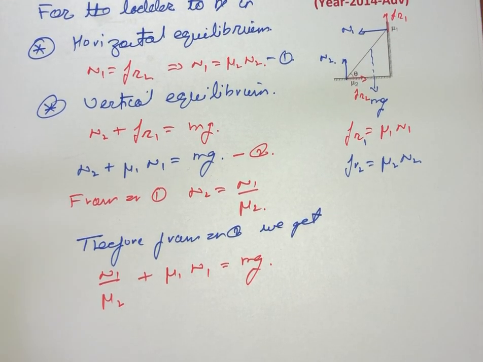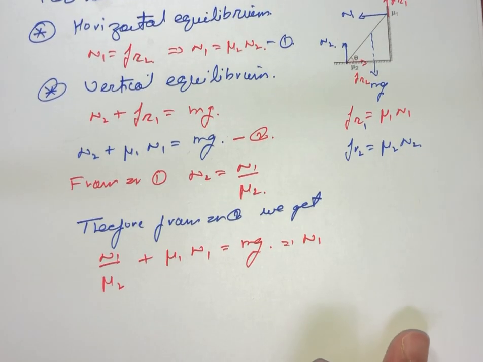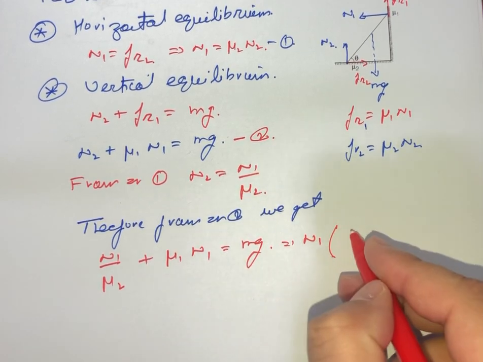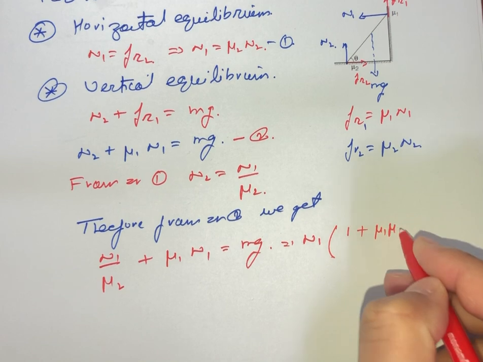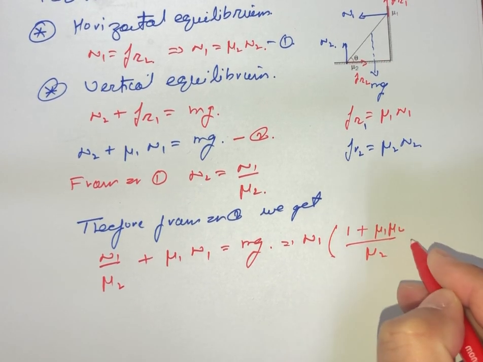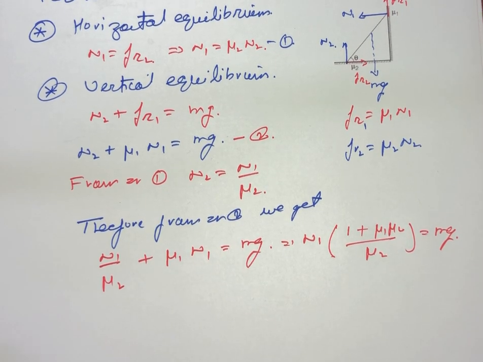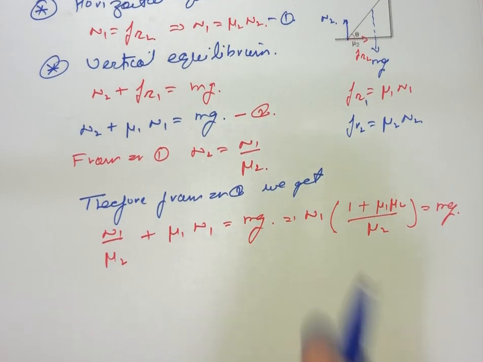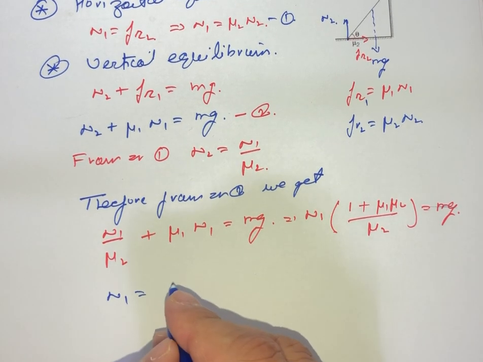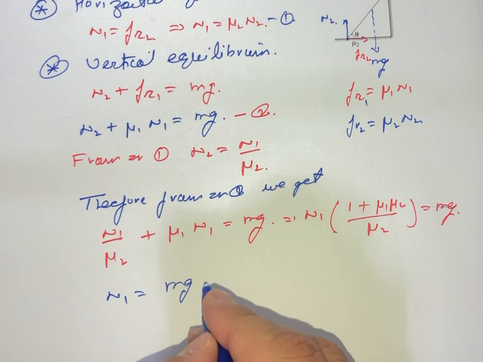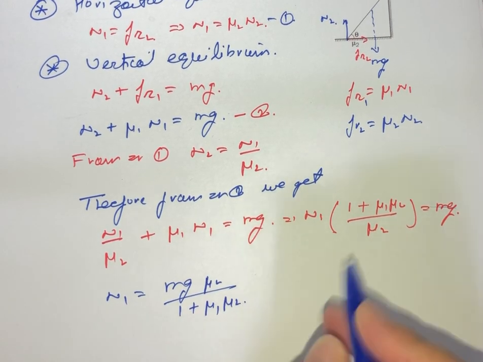Taking n1 as common, we get n1 times (1 plus mu1 mu2) divided by mu2 is equal to mg. Therefore, the normal n1 will be equal to mg mu2 divided by 1 plus mu1 mu2.